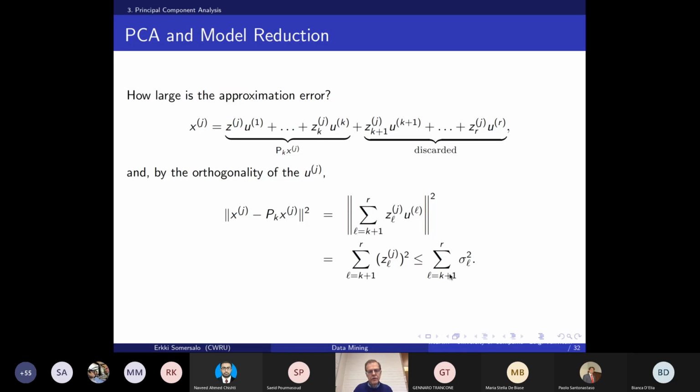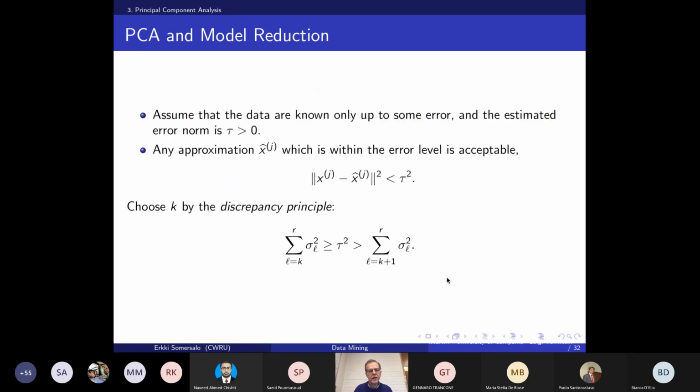So how do we choose this k in general? If you need to do data reduction and you have to cut your representation of the xj in terms of the feature vectors somewhere, how should you choose this k? Well, here's an idea. This is something which is referred to as the discrepancy principle.